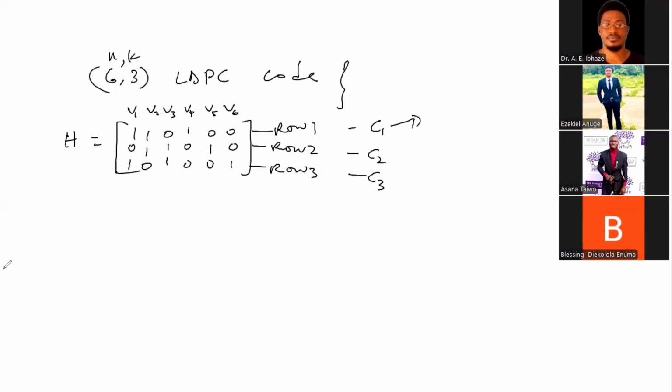So for row 1, we have C1, which is the same as 1, 1, 0, 1, 0, 0. We know V1, V2, and V4 are turned on, so C1 will be the same as V1, V2, V4. Is that clear?